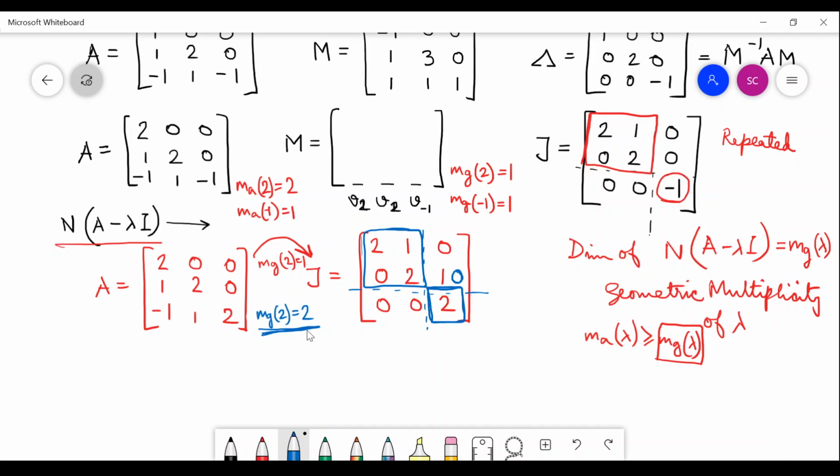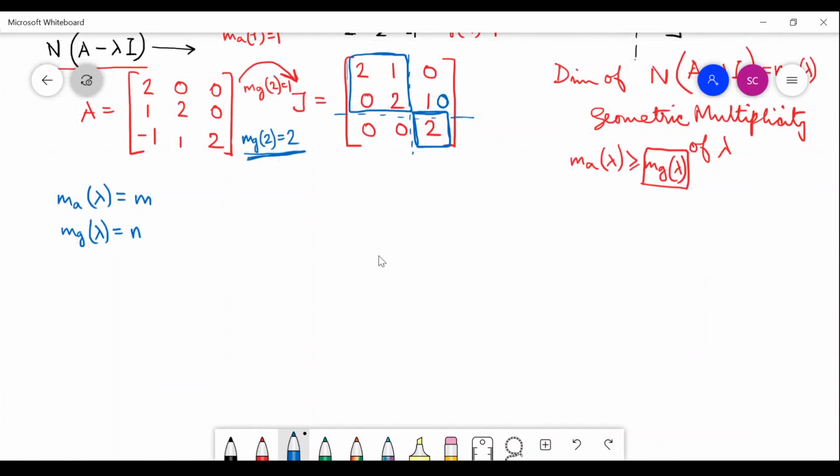But consider a general example, or a general matrix, where there are many repeated eigenvalues, and suppose you have your ma lambda as some value, maybe m, and your mg lambda as n, and these can be any values.